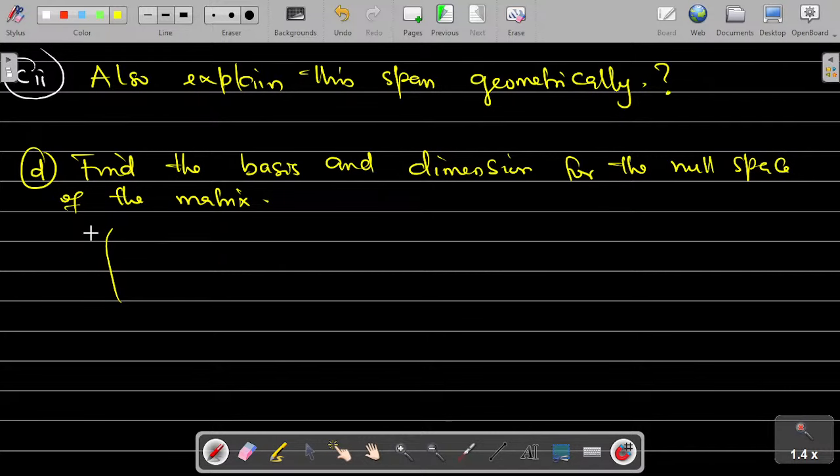No name. It is a 3 by 5 matrix: minus 3, 6, minus 1, 1, minus 7; then we have 1, minus 2, 2, 3, minus 1.